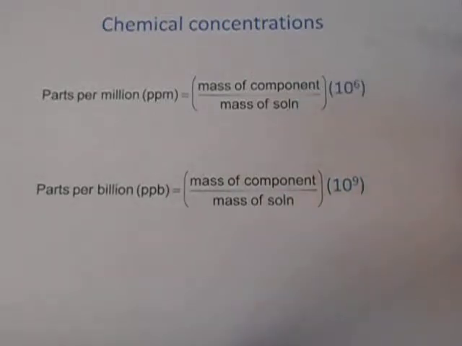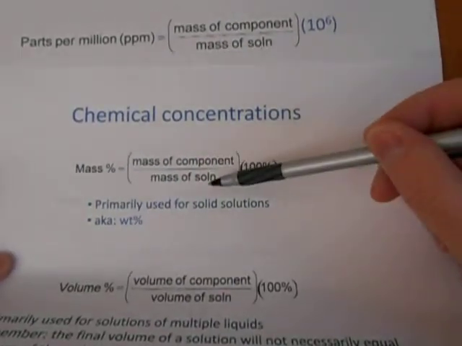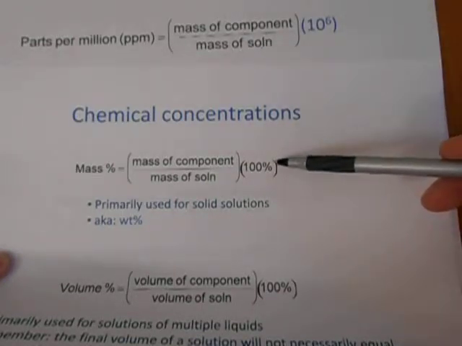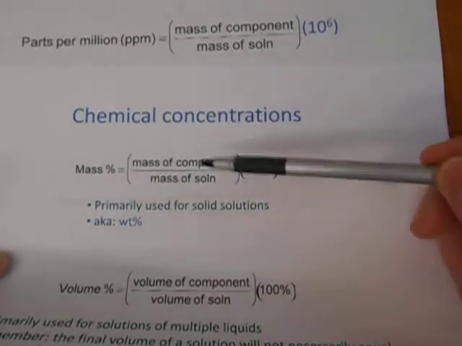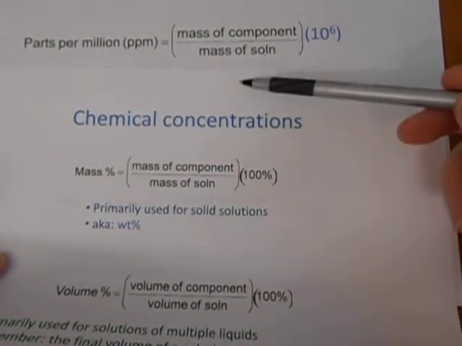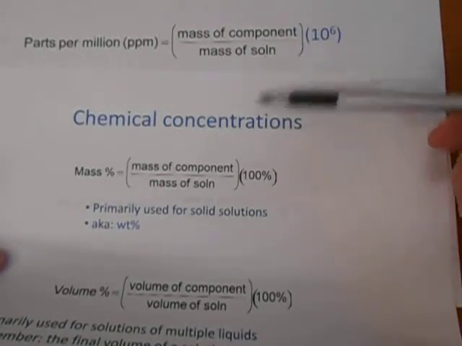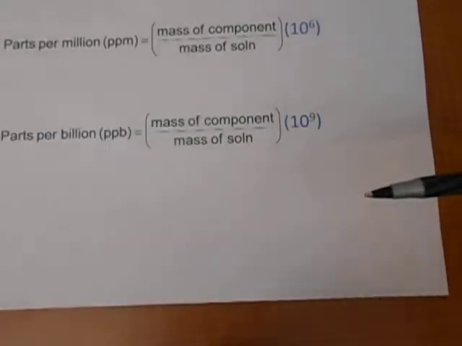Okay, and to help simplify it for you, notice that this is basically the same formula we used for mass percent. Right, mass of component per mass of solution. Same thing. Instead of multiplying by 100, we multiply by 1,000,000. Okay, and so you can think of a mass percent as parts per 100, this as parts per million. Okay, so basically the same type of idea, except the basis is not 100 but 1,000,000.